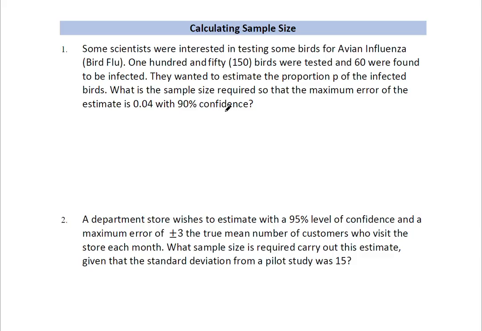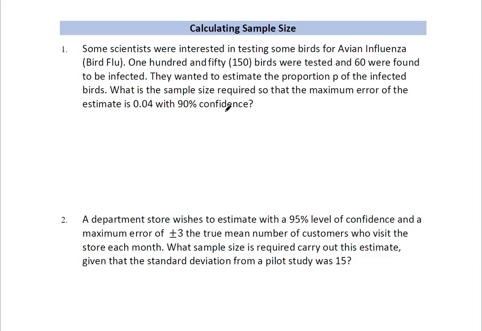Now there are two types of confidence intervals that will be illustrated in this lesson. That is confidence intervals for means and confidence intervals for proportions. There are several questions that we will be going through.